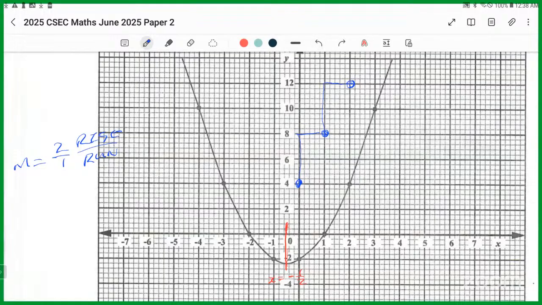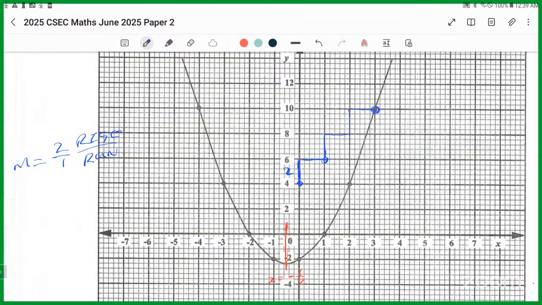Oh, see the mistake I'm making. I have to rise 2 units, not 2 grid squares. From 4 to 6 is 2 units. So starting here, rise 2 units, run 1 unit to here. Rise another 2 units, run 1. Rise another 2 units, run 1.